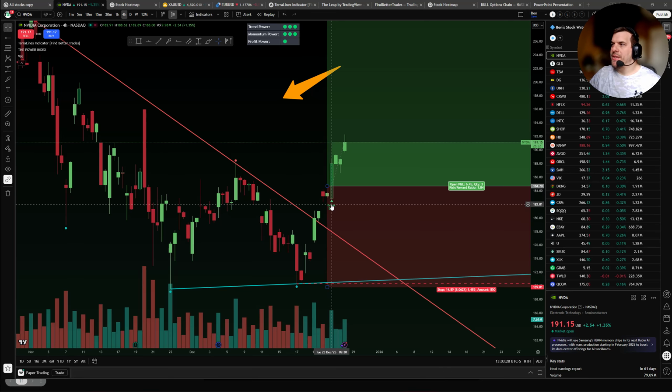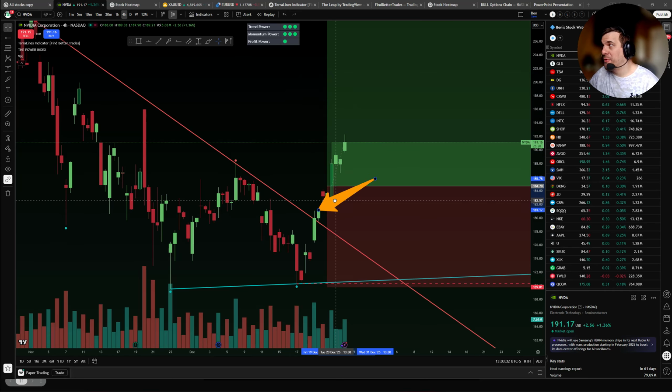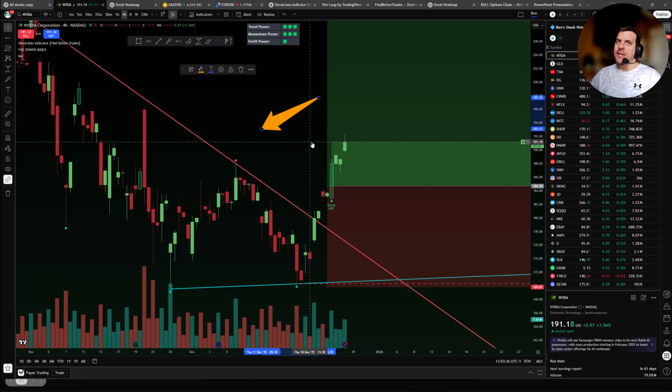It did go sideways there, and that would have been a nice trade. So it would have been a good trade to get in there. But I purposely do not make it a habit to get in at those positions.